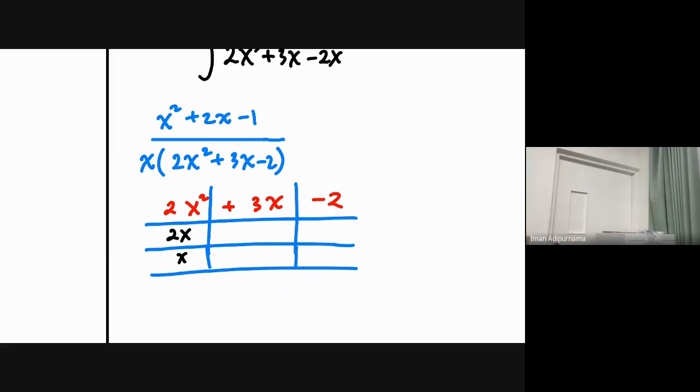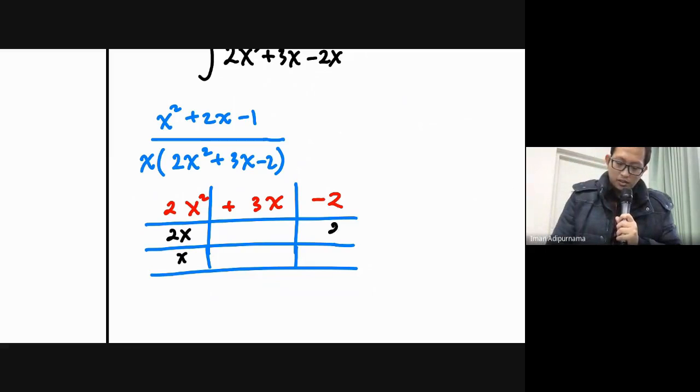If not, check the other variations. But because it's only 2 and 1, few factor pairs are possible. Then you can write maybe 2 and -1.